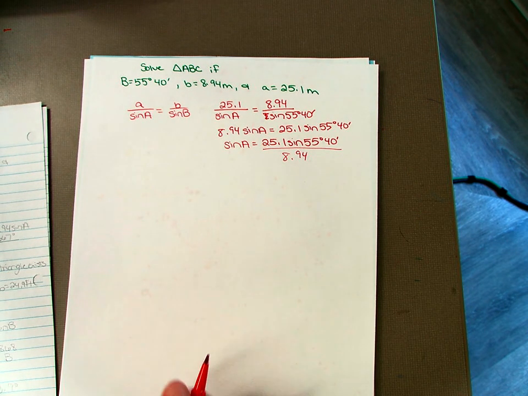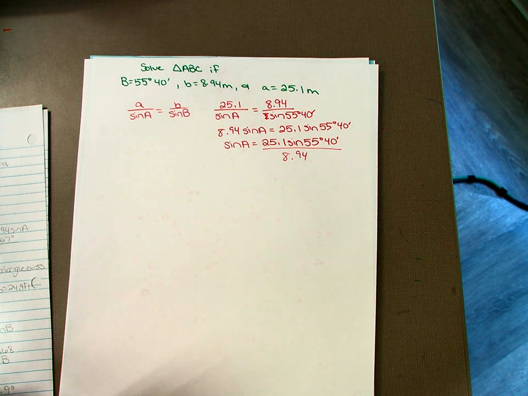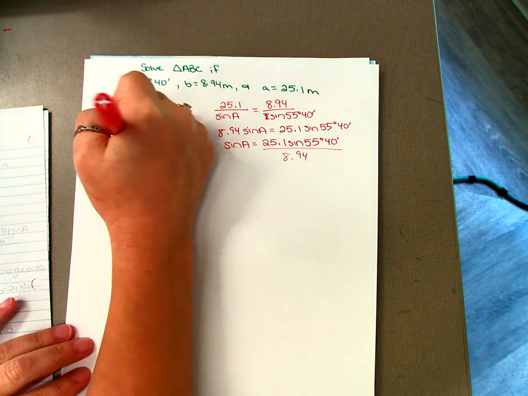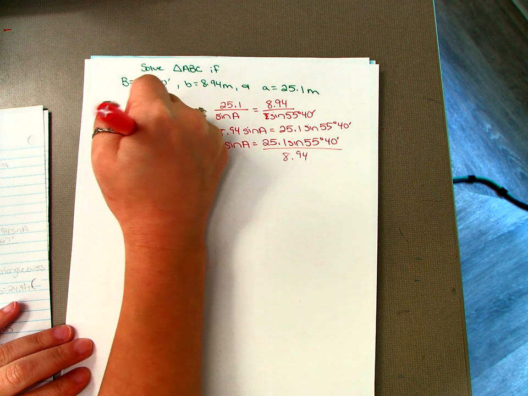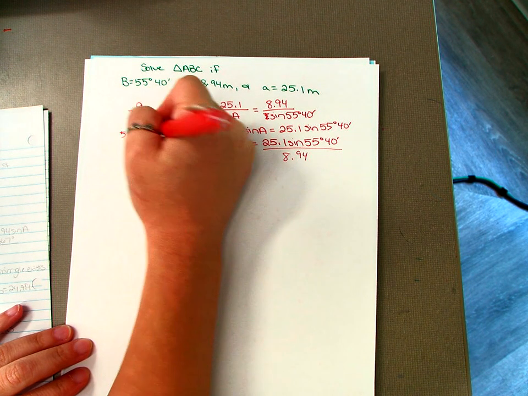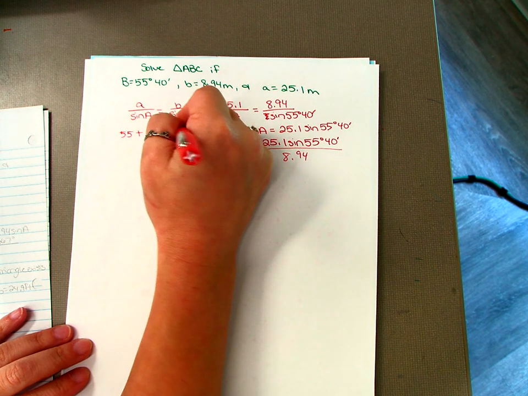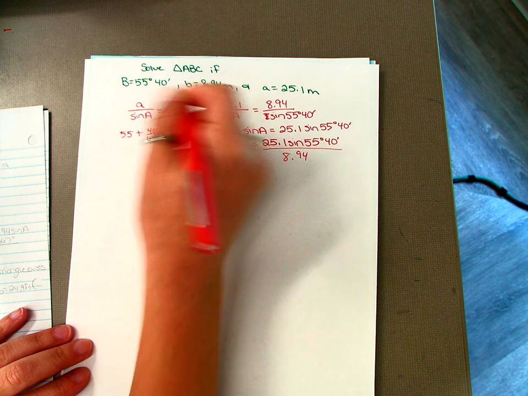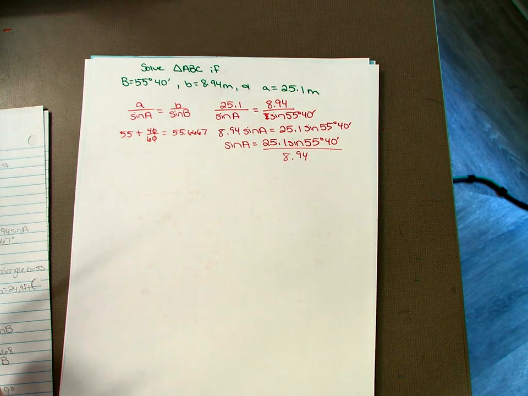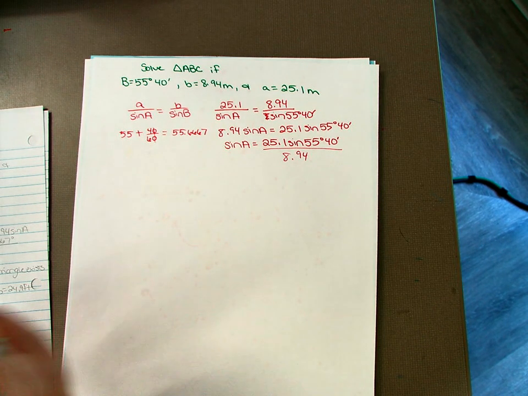So remember, if we need to convert from minutes to degrees, there's 60 minutes in a degree, so you'd have the 55 plus 40 over 60, which is going to give you the 55.666, however many times you want to write 6, because it goes on forever. But that's what you're going to want to type in.